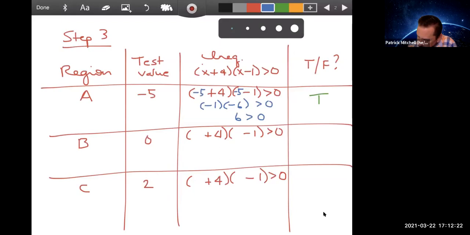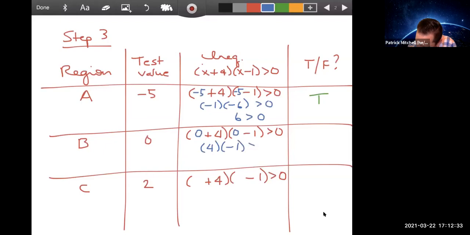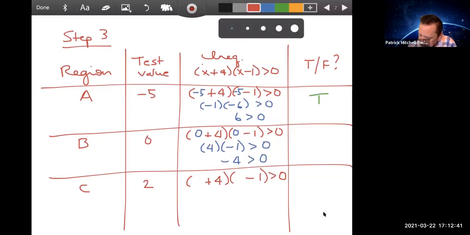Okay, now we will go to region B. I'm going to put in 0 for x, and that is going to give me 4 times -1 is greater than 0, which is going to say -4 is greater than 0. Is that true or false? That is false. So region B is not part of my solution set, none of region B, all right?